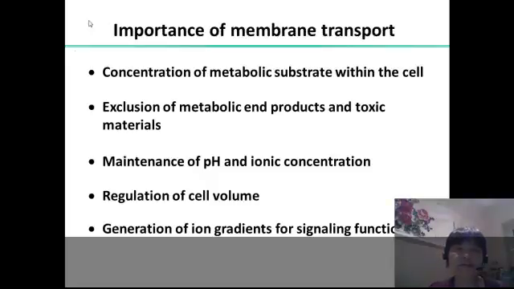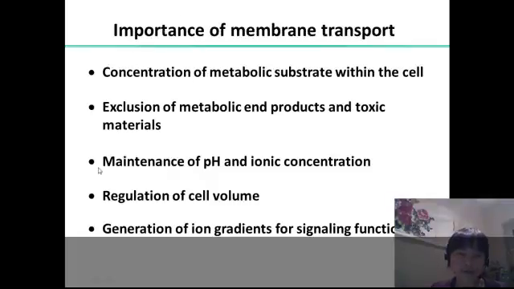For the metabolic substrates like glucose and amino acids, you would have higher concentration within the cell. But for the metabolic end products like the waste and toxic material, for example carbon dioxide, you would like to move out of the cell, so that is to exclude them out of the cell.